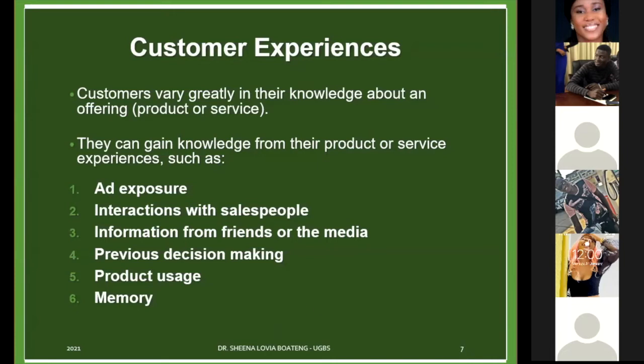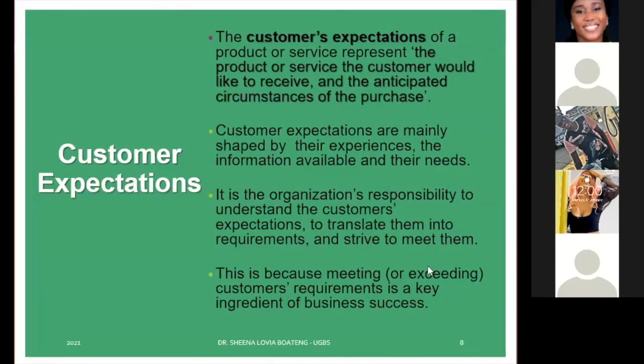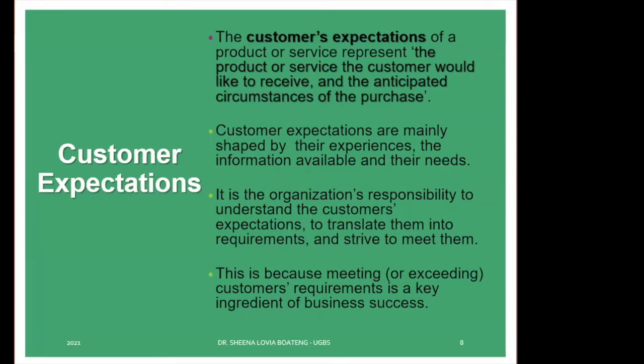And with that, we've come to an understanding of experiences and how we are able to gather knowledge that helps us to create these experiences. And with experiences, we are able to sift through and appreciate better the kinds of products and services that can help us to satisfy the customer needs that we discussed prior to this. So now that we understand customer needs and experiences, what in actual fact are customer expectations?